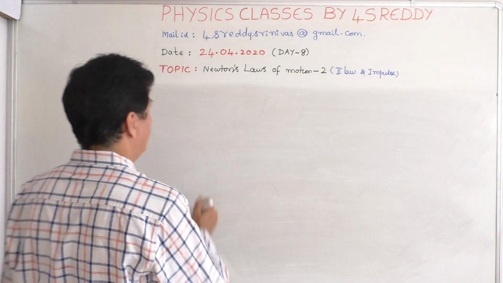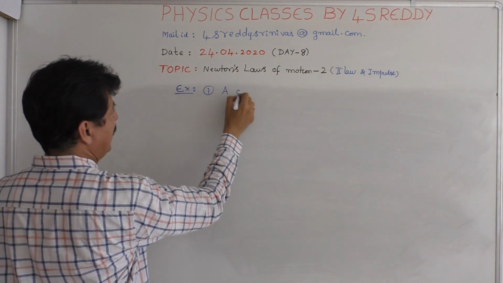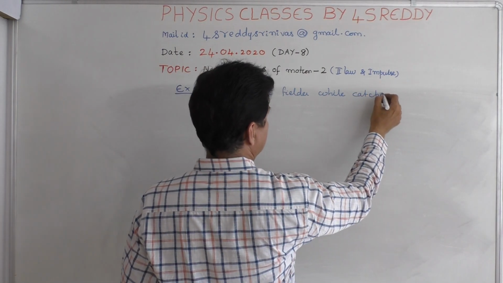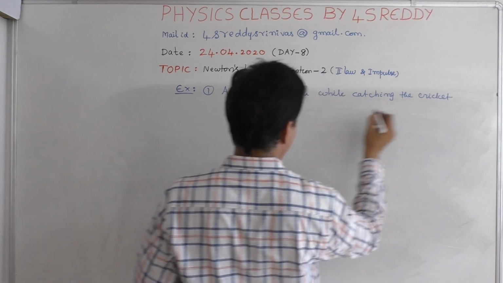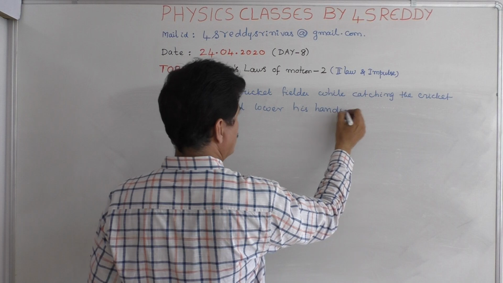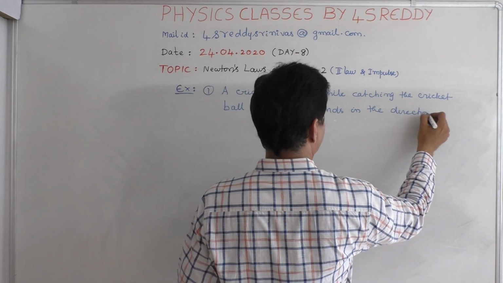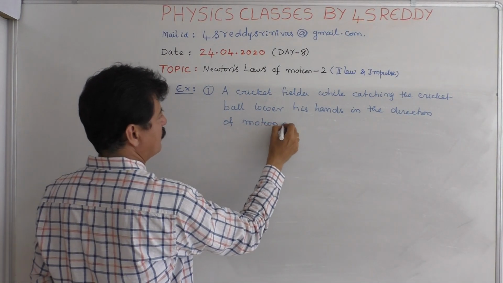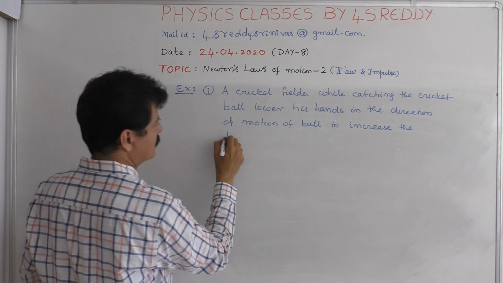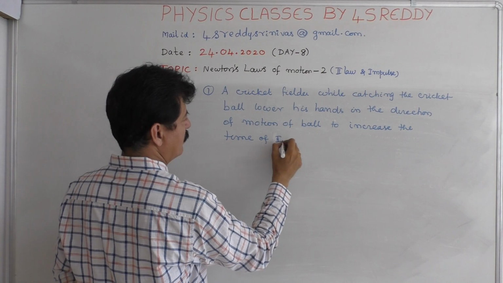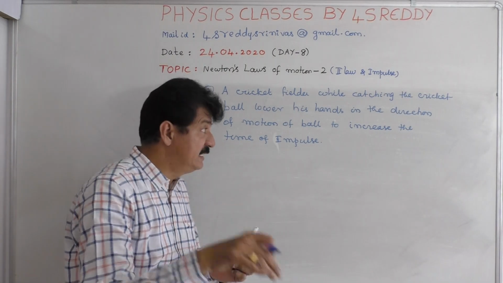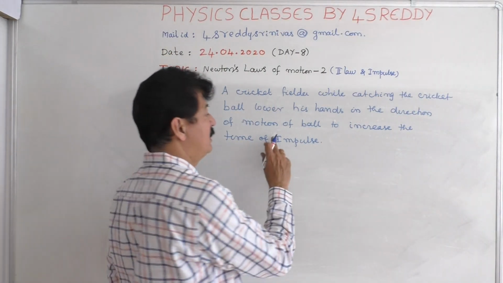So the different examples that I can give: example 1, a cricket fielder while catching the cricket ball lowers his hands in the direction of motion of the ball to increase the time of impulse.